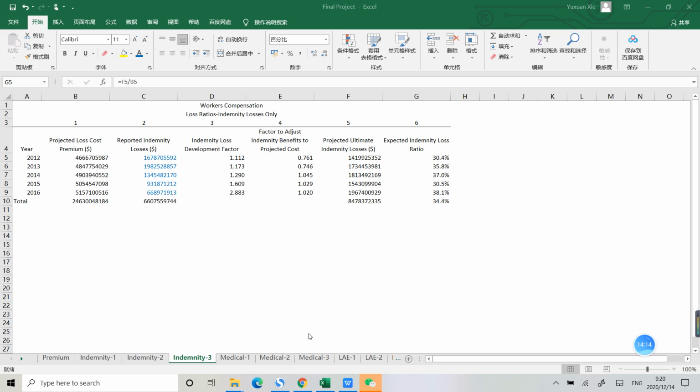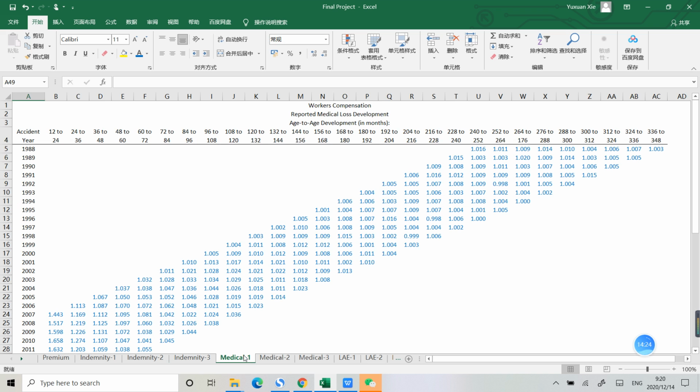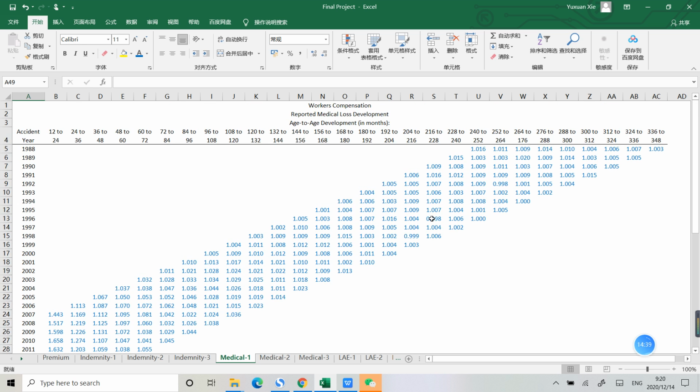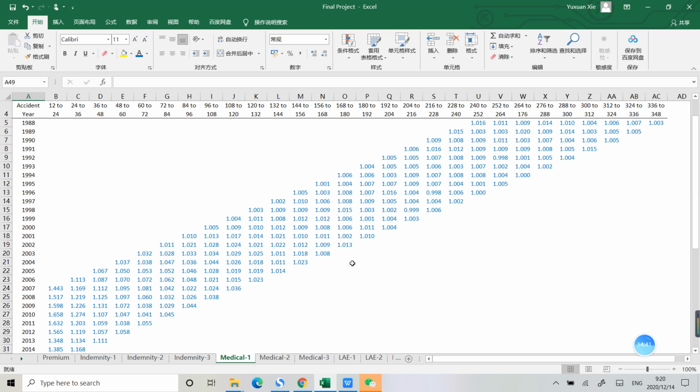The next part is medical. It has 3 sheets. The first sheet represents the development triangle for the reported medical losses by accident year. It is organized in the same way as described in the indemnity loss development selection. So the ratios are all given.